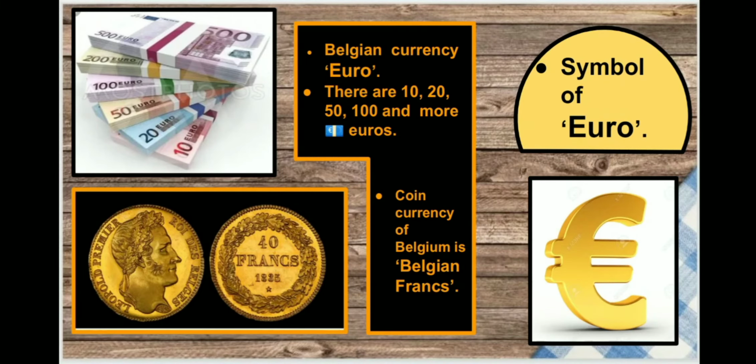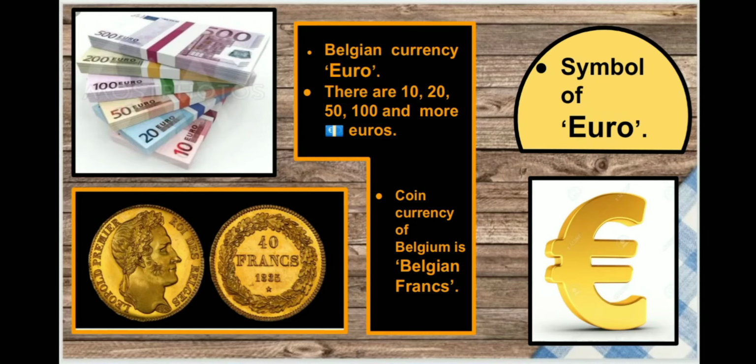Wow. Everybody like it, right? So, Belgian currency is known as euro. There are 10 euro, 50 euro, 100 euro, and many more euros, 200, 500, right?